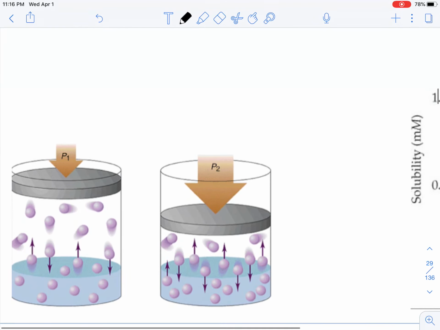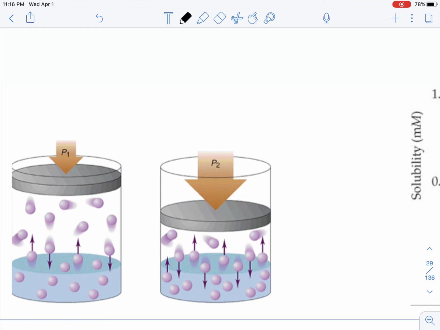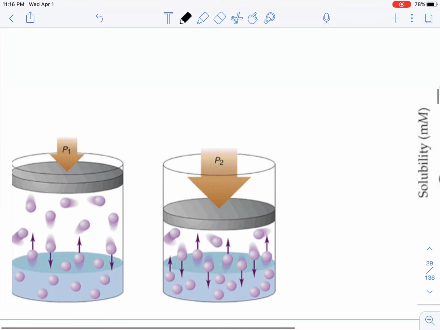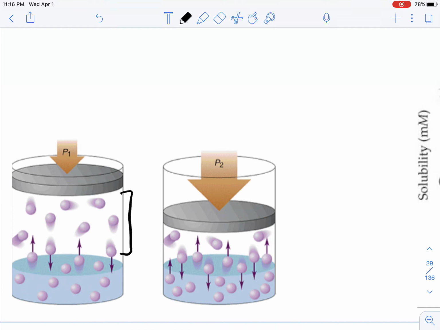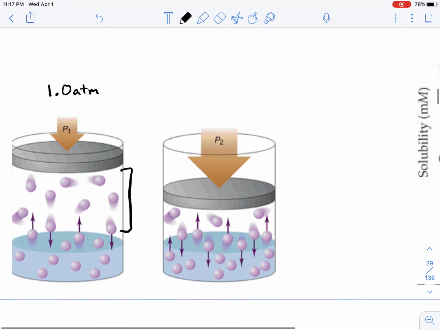And so let's go ahead and take a look at this container. So this container on the left-hand side is going to exert a constant pressure on these gases. And so let's just say that its current pressure is 1 atmosphere. And so what happens is that when you increase the pressure, so let's just say we'll double the pressure, so let's just say 2 atmospheres.